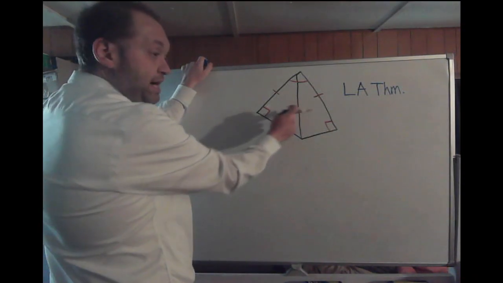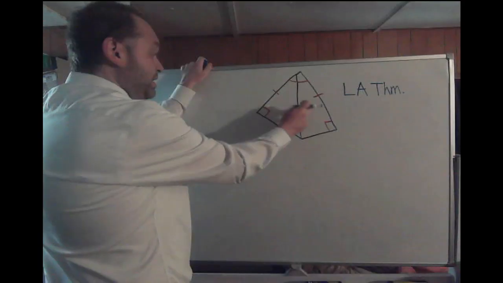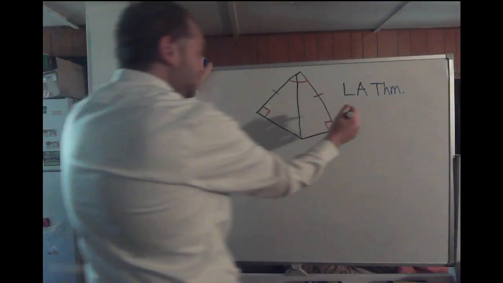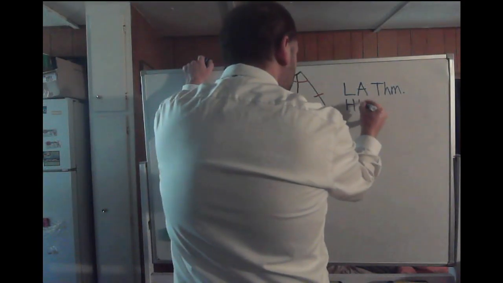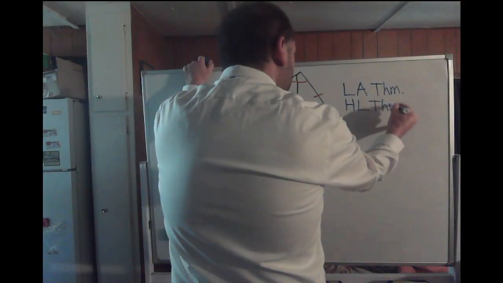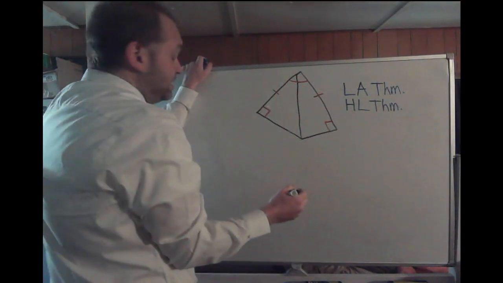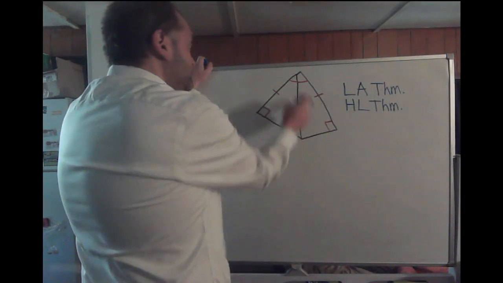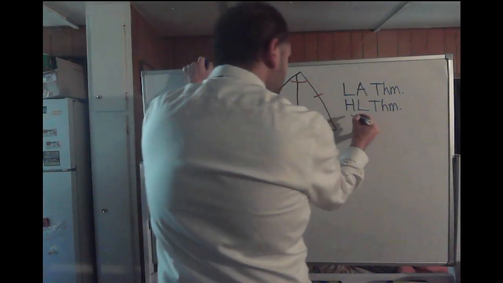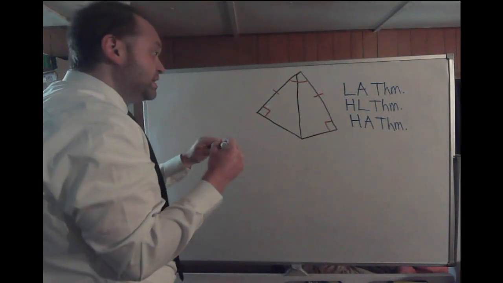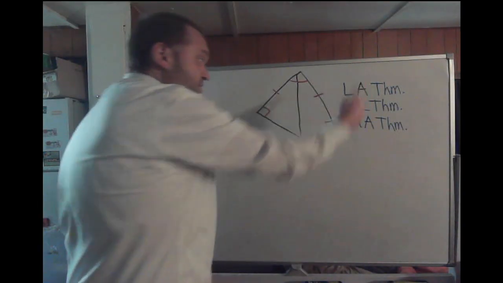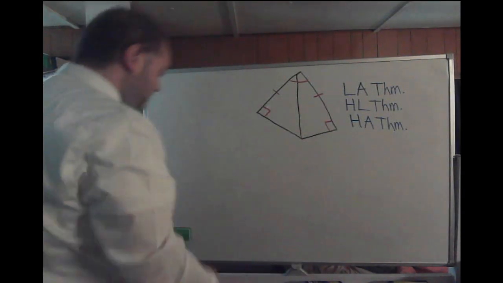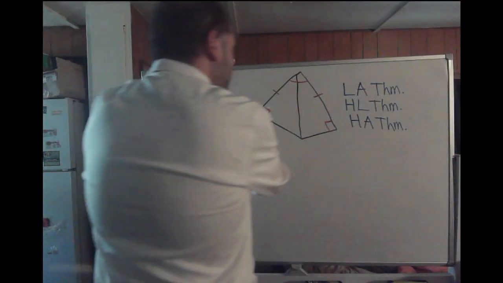They share the same hypotenuse, therefore making both hypotenuses congruent, and they have congruent legs, so they're also congruent by the HL theorem, the hypotenuse leg theorem. And then again, they share the same hypotenuse, and then we have 2 congruent acute angles, so we can also say the HA theorem for this one, the hypotenuse acute angle theorem. So take your pick with any of those 3. Those are 3 ways to prove that these 2 triangles are congruent.